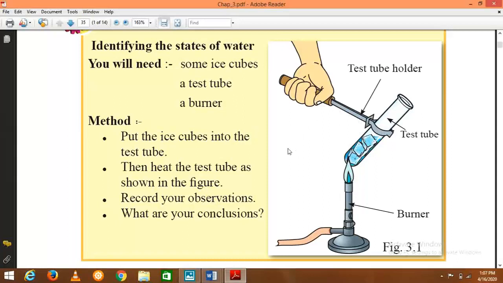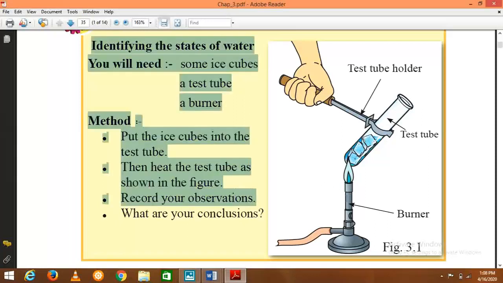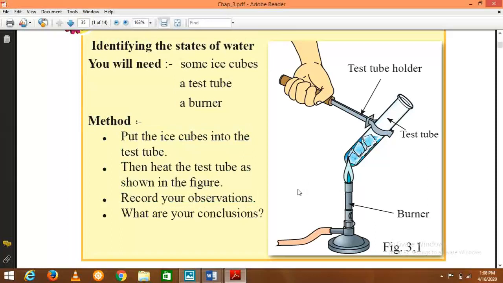Then the method is you have to put the ice cubes into the test tube or the boiling tube. Then you have to heat it up by using the Bunsen burner. You can do this under the guidance of an adult. Then what you can observe are, first, these ice cubes will melt and form liquid water.